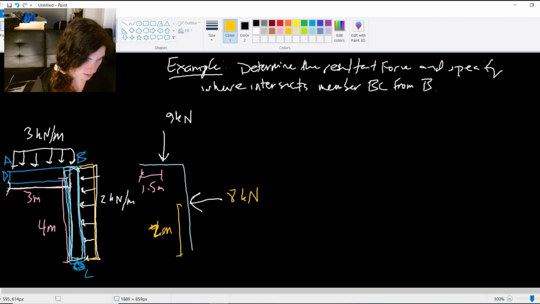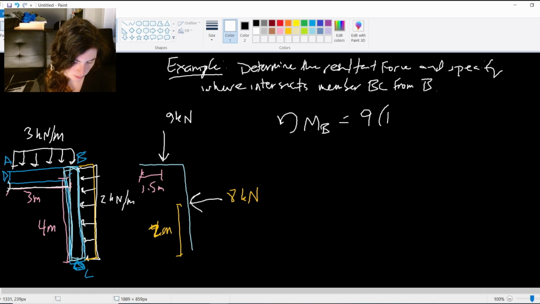So if I take a moment about point B, right? That's where I'm measuring from. That's where I'm interested in. If I take a moment about point B, I'm going to get 9 kilonewtons times 1.5 meters, right? That's the distance here between B and the 9 kilonewtons.